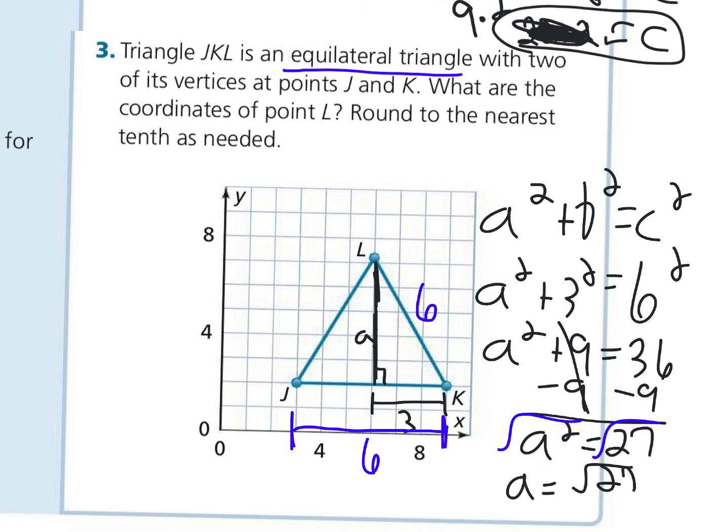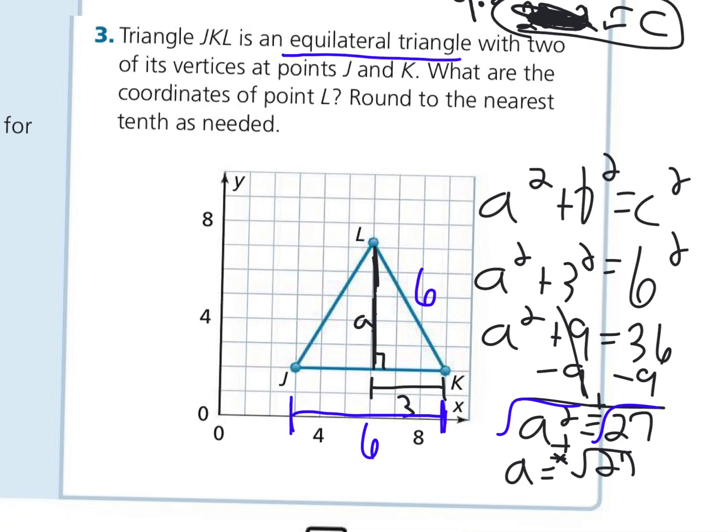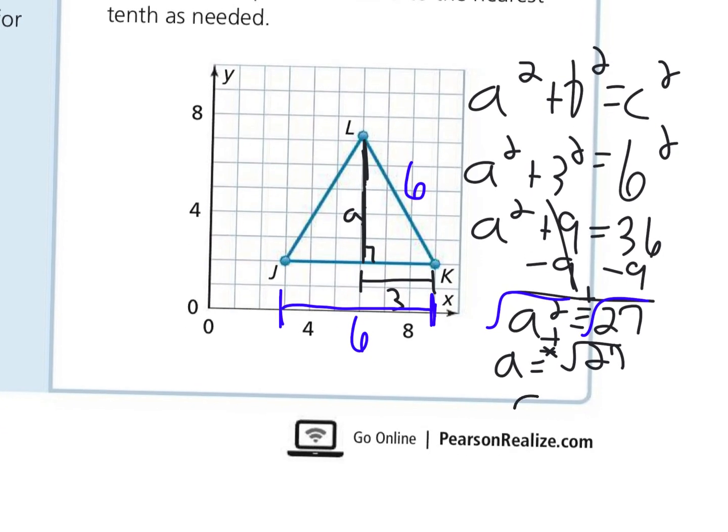So that would be square root of 27. Square root of 27 is about 5.2.